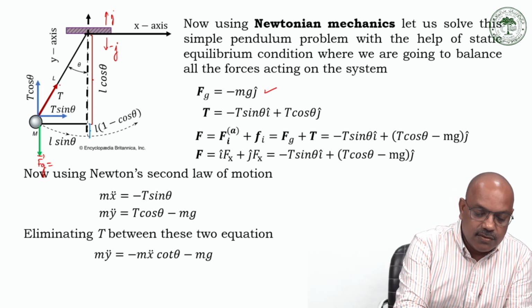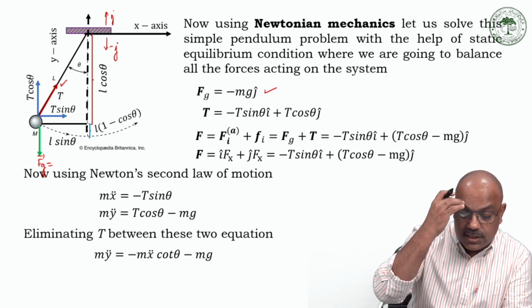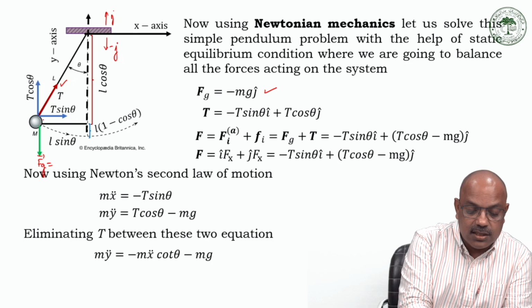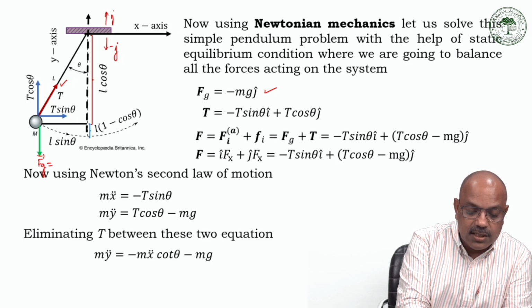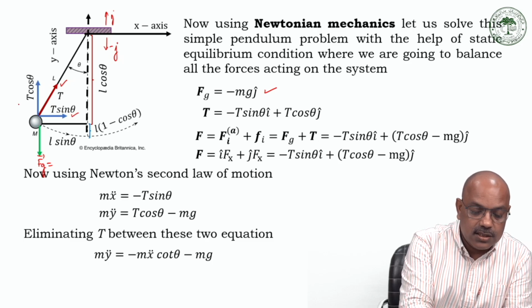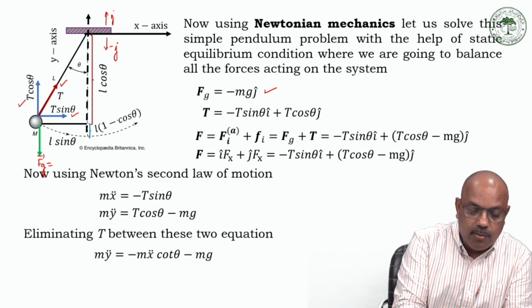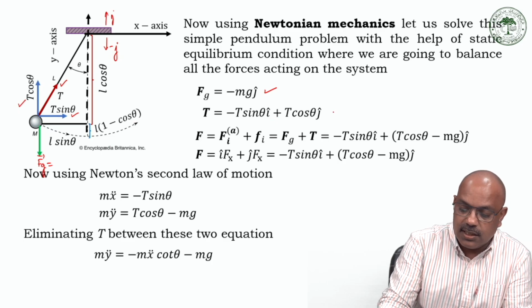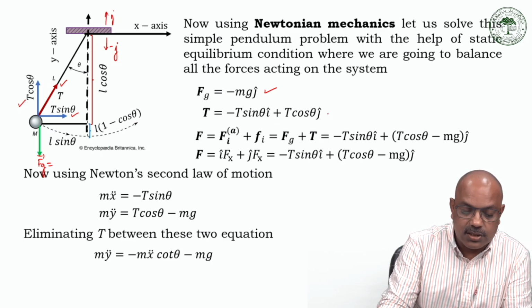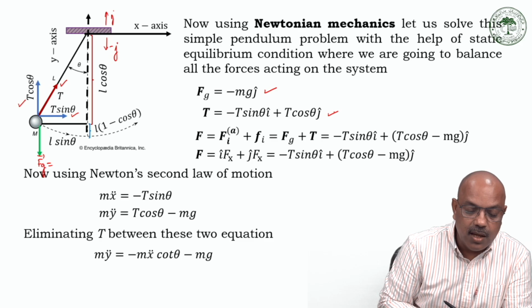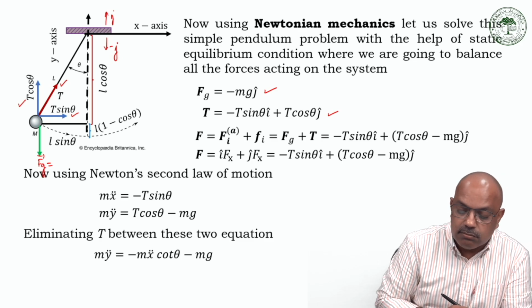And the tension, the constraint force which is acting, has an x component, t sine theta, and a y component. So the x component is t sine theta i, and this is t cos theta j. And then what is the total force?